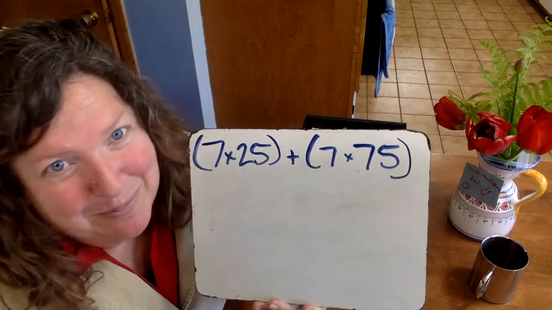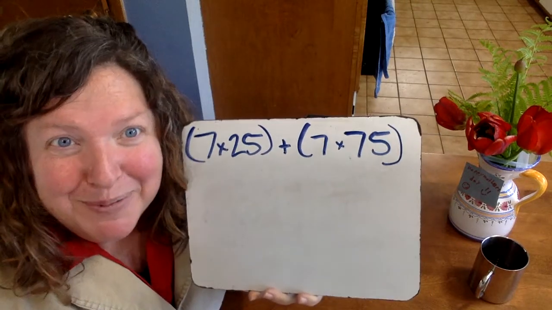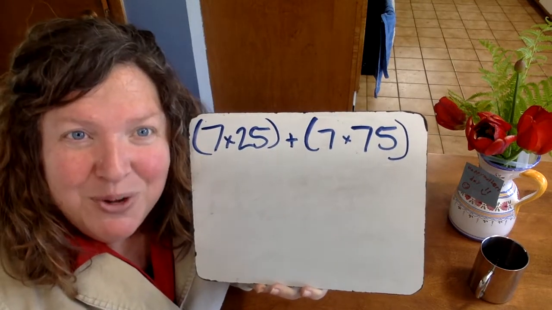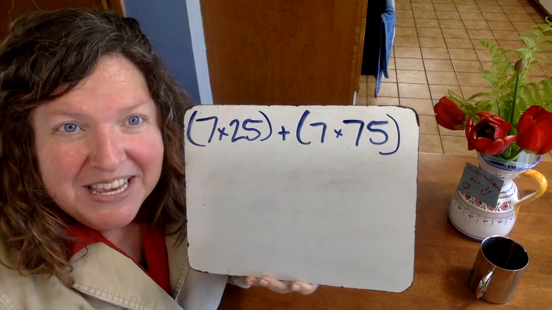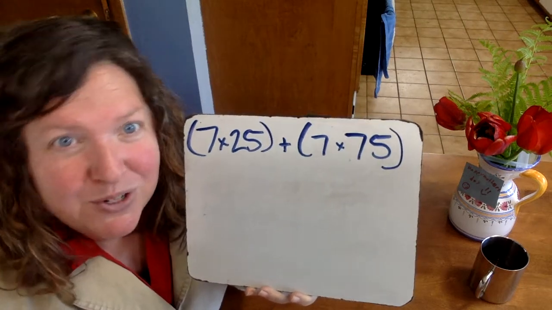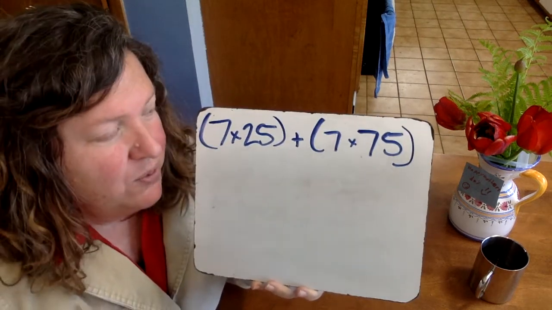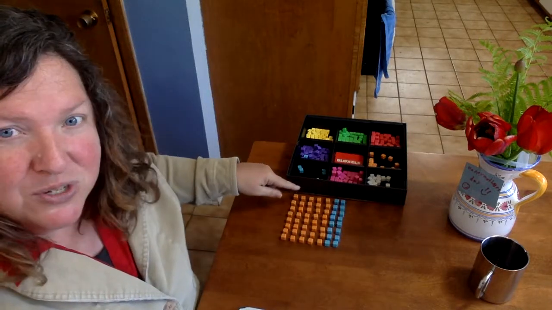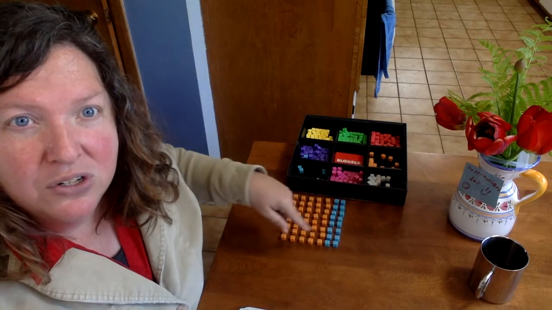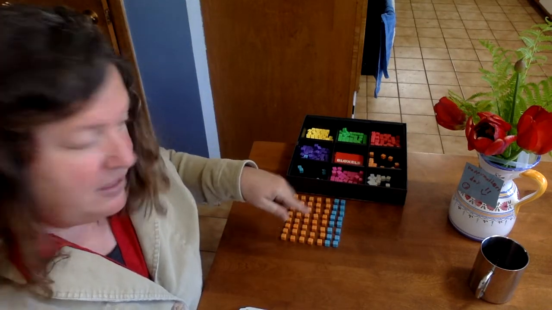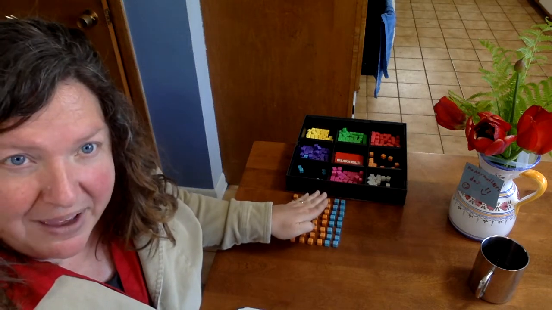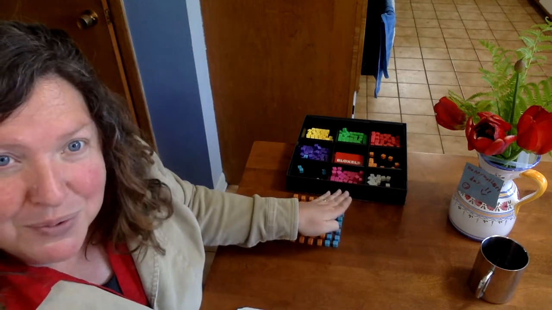I really don't want to model this out with Bloxels, and you probably don't either. But the reason I've chosen it is because it's the opposite. Remember we said there's 2 opposite ways to use it. So with our Bloxels, we started out with 8 groups of 7. Then we cut it into 8 groups of 5 and 8 groups of 2.